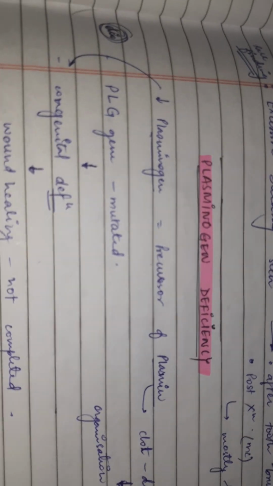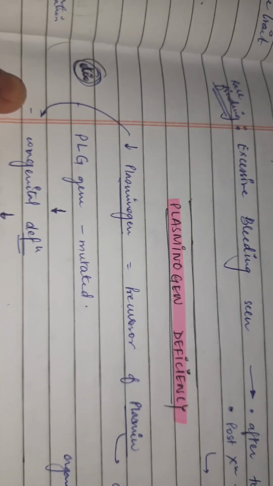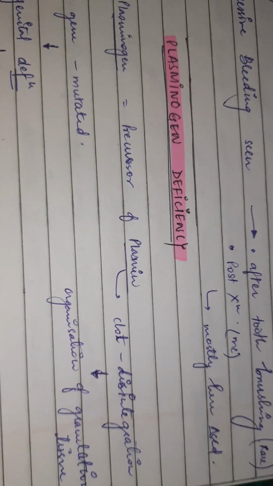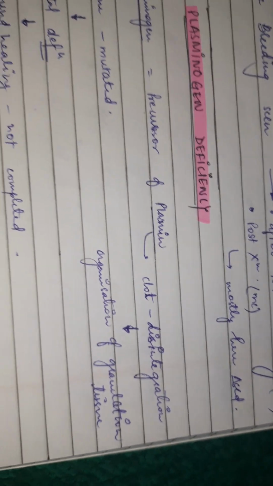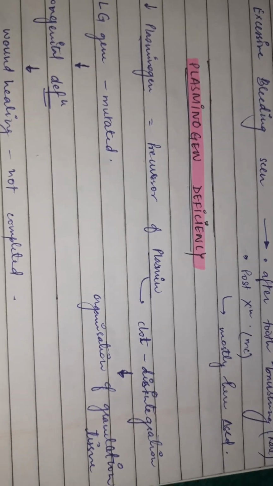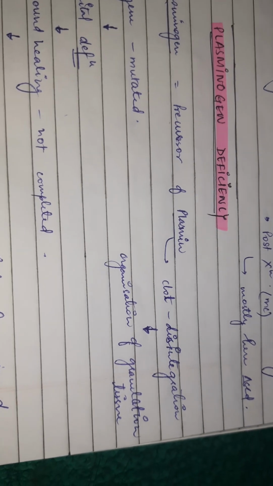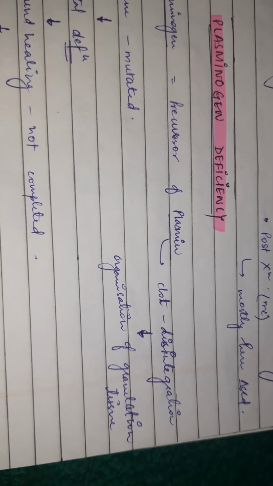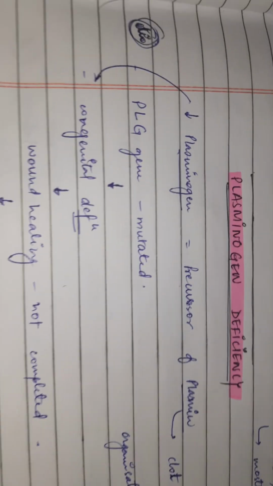Plasminogen deficiency. Plasminogen is the precursor of plasmin. If plasminogen gets decreased, the clot disintegrates and organization of granulation tissue can occur.